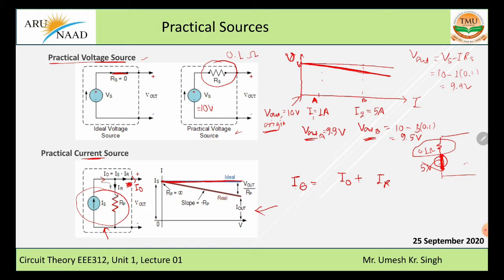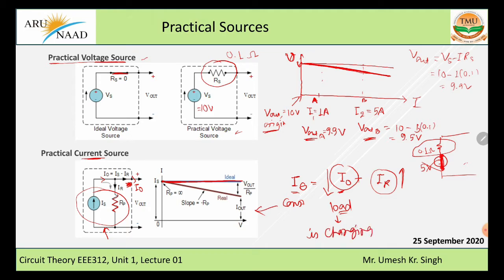In this case, if Is is constant, then as the value of IR increases, I0 will decrease, and this current is the output current, a parameter of the load. So now this current is not constant, the output current is changing.